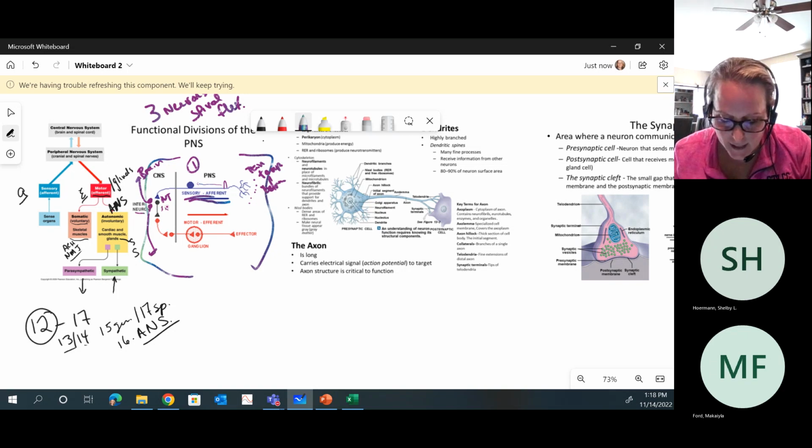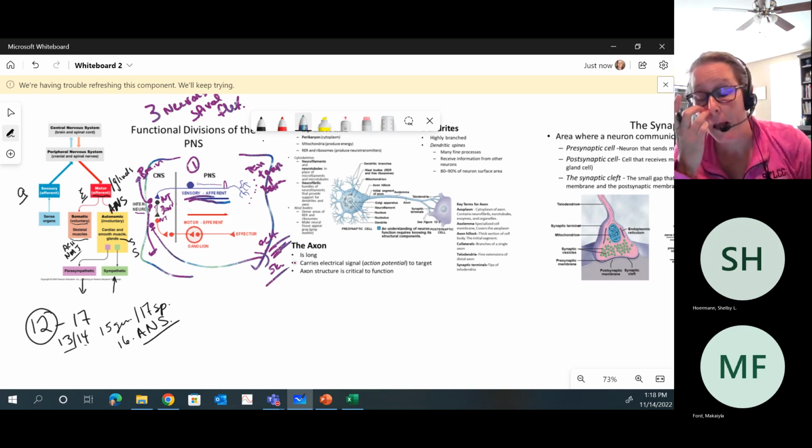It's over here, and it is going to be our second neuron in our pathway that is going to take the information from sensory, generate its action potential, and lead to a neurotransmitter release that then is going to come out. And if it's going to try to do skeletal muscle, it's going to be one somatic motor neuron that then goes and releases acetylcholine on our skeletal muscles and makes them contract.